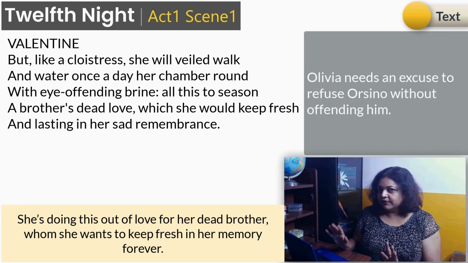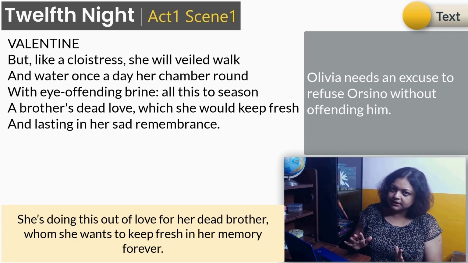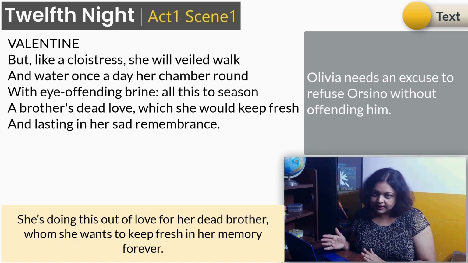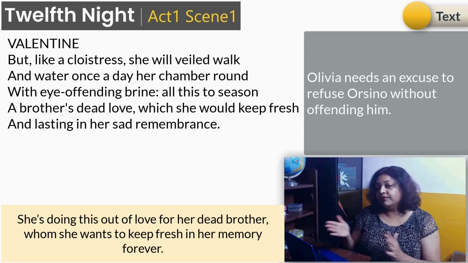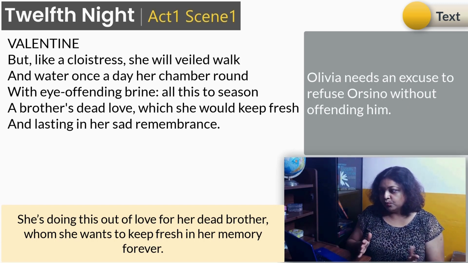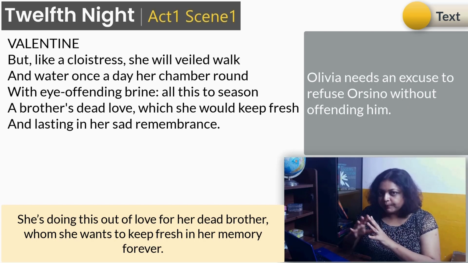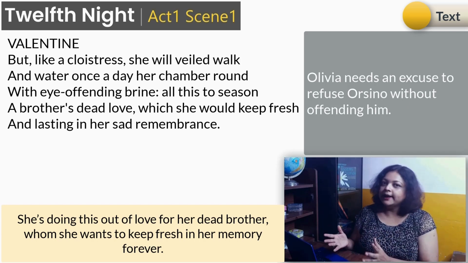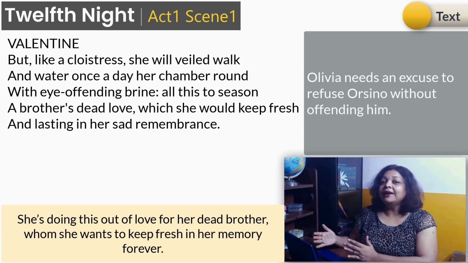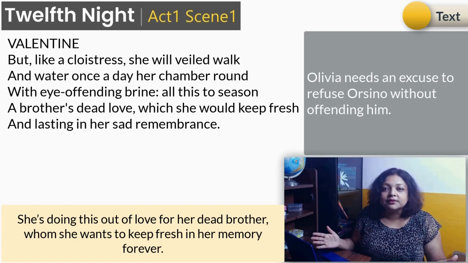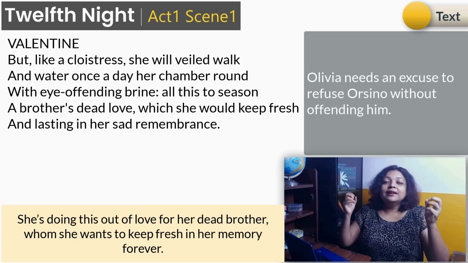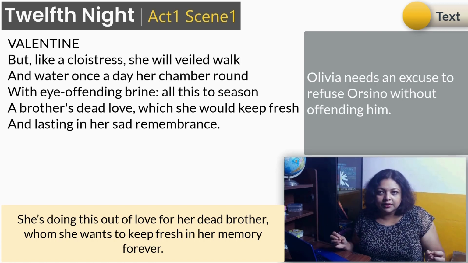Valentine is not lying. Valentine has been told this by Olivia's handmaid. So definitely Olivia is giving this answer which has a lot of improbability in it. Why? Because in reality all she wants to tell is, I'm not interested. Please don't bother me.